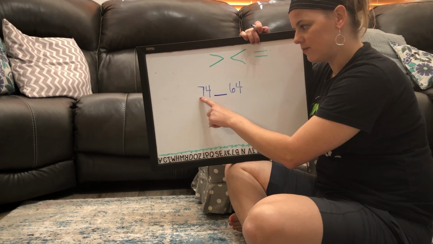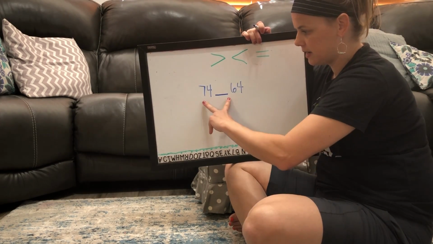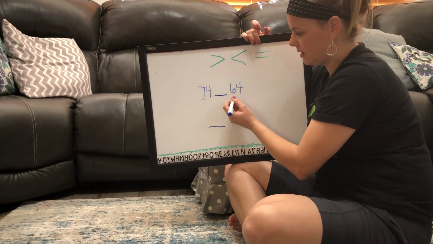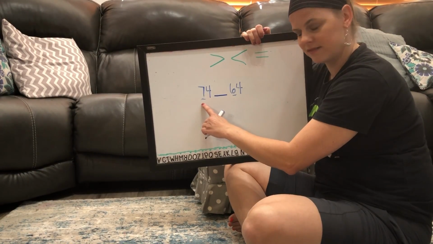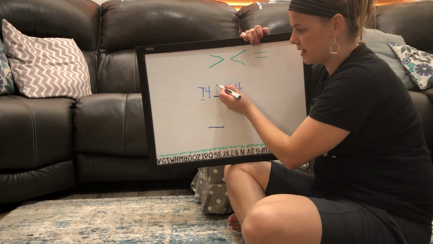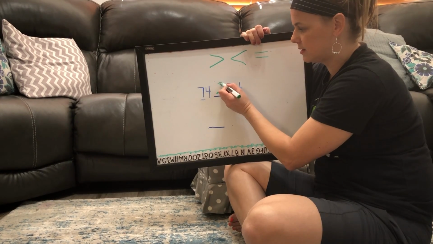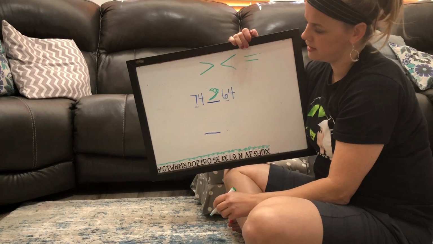Let's look in our tens place. Our tens place is the first number we're going to look at. Which one is bigger? The 7 is bigger. So 74 is greater than, so our mouth, our greater gator, is going to be open towards, hard writing left hand, the 74.